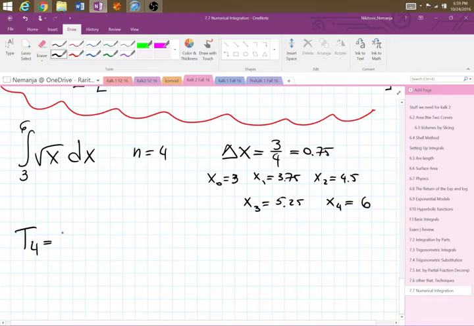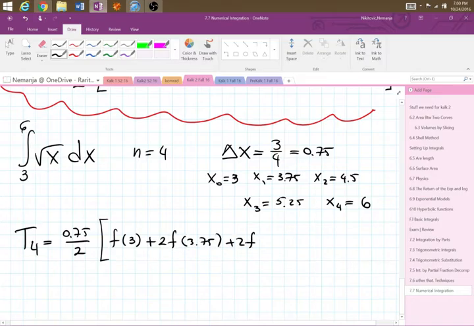And we have delta x over 2, so 0.75 divided by 2. And now I have f of 3 plus 2f of 3.75 plus 2f of 4.5 plus 2f of 5.25 plus f of 6.